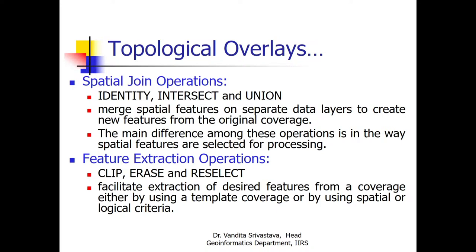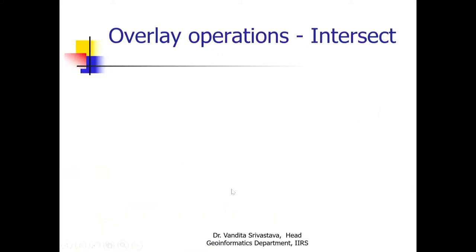That is, the attributes from both the maps are copied. In feature extraction operations, the features from the operation layer are not copied, only the attributes from the original layer are copied, but the spatial extent is chosen from the operation layer. I will show you an example.